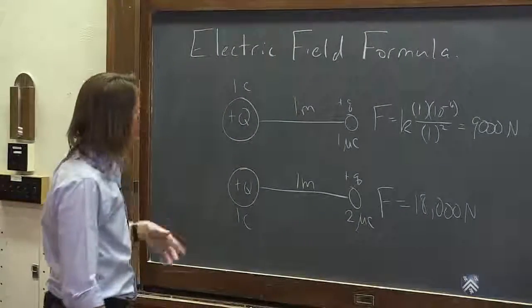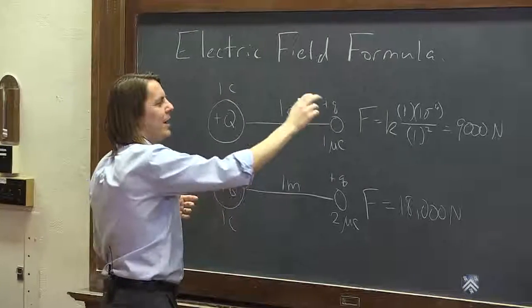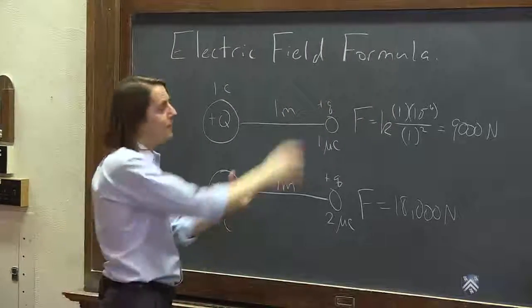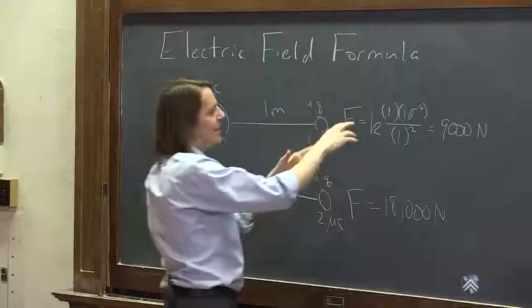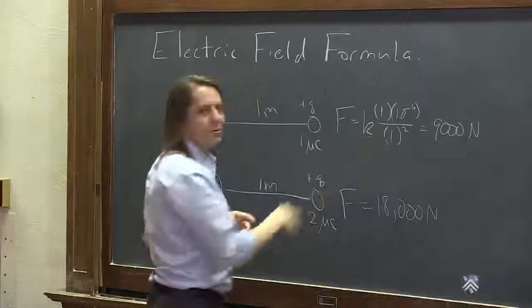So you can see that whatever the big charge is doing to create a force, the force depends on little q. The force created by big Q on little q is proportional to little q.